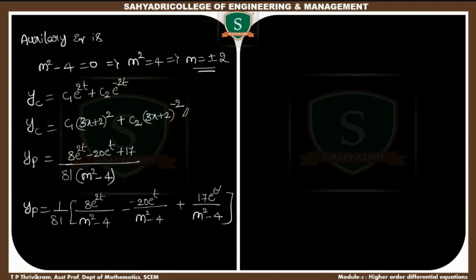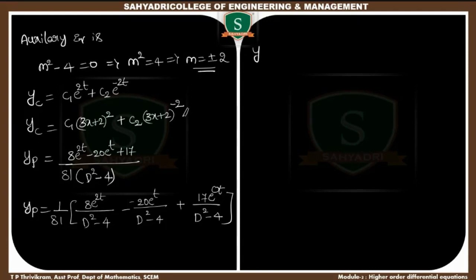Okay, so just for my convenience I have written this, because we have to substitute x quotient or t quotient in the denominator, right? So here it is not m, it is d. D square is also d square. Okay, so yp is equal to, in the place of d we need to substitute in the first term as 2. So 1 by 81 into 8 e power 2t divided by, if you substitute 2, what happens?